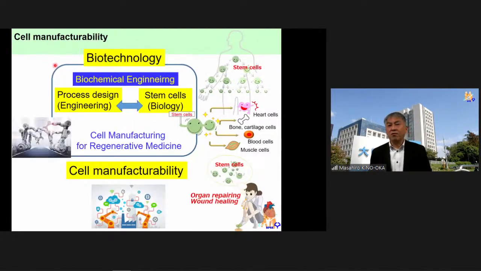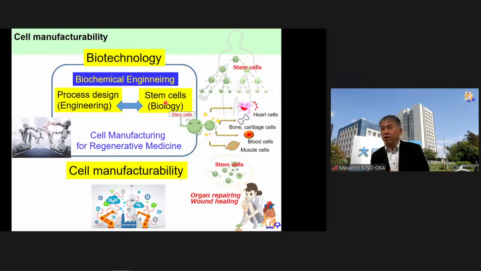So first, I want to introduce what is the cell manufacturability. Only one word. We are in the department of biotechnology. My background is biochemical engineering. So we have the cells. That's a fundamental consideration to develop the manufacturing process.